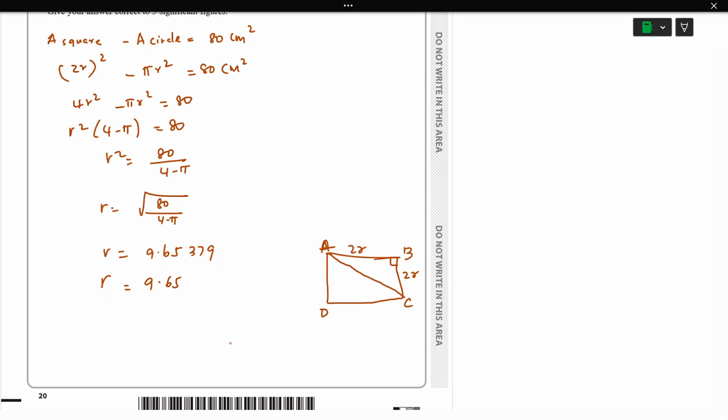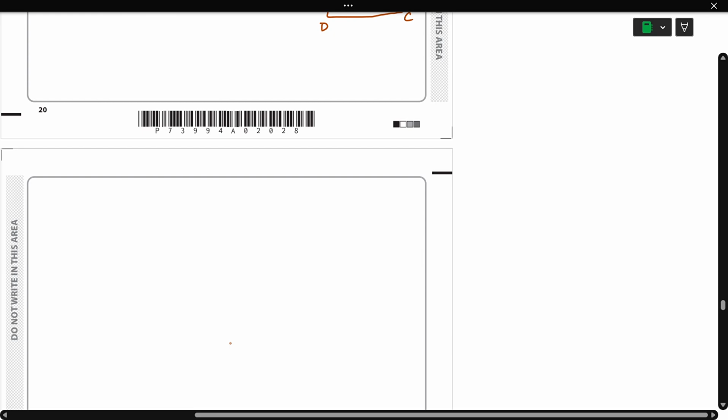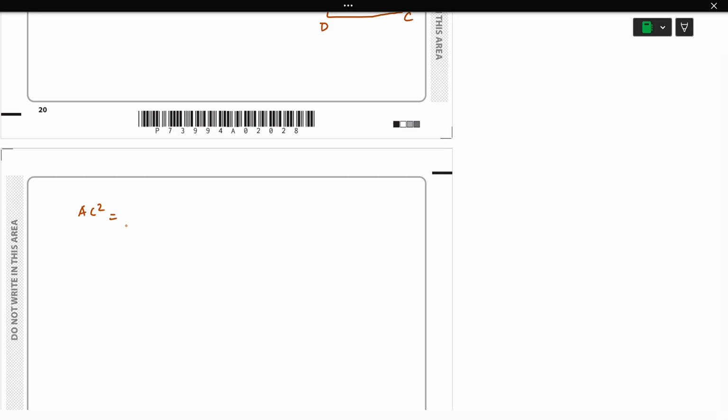I'm using Pythagoras here. AC square equal to 2r whole square plus 2r whole square, which is 4r square plus 4r square, which is 8 into r square.